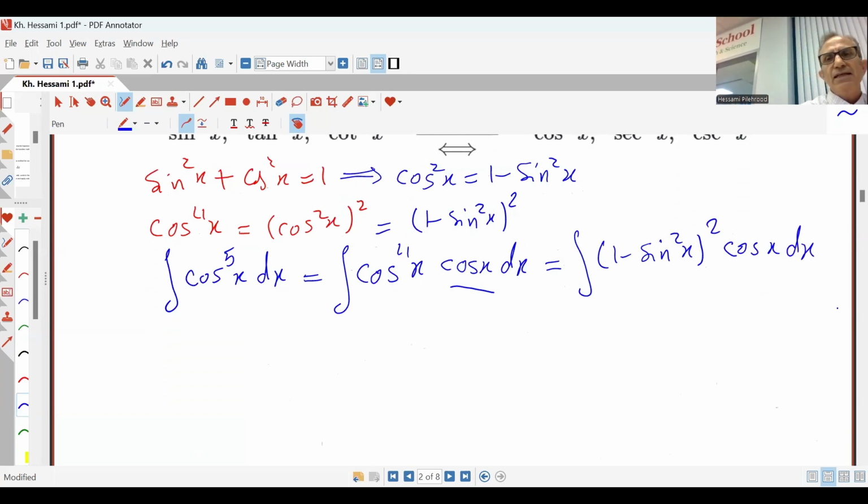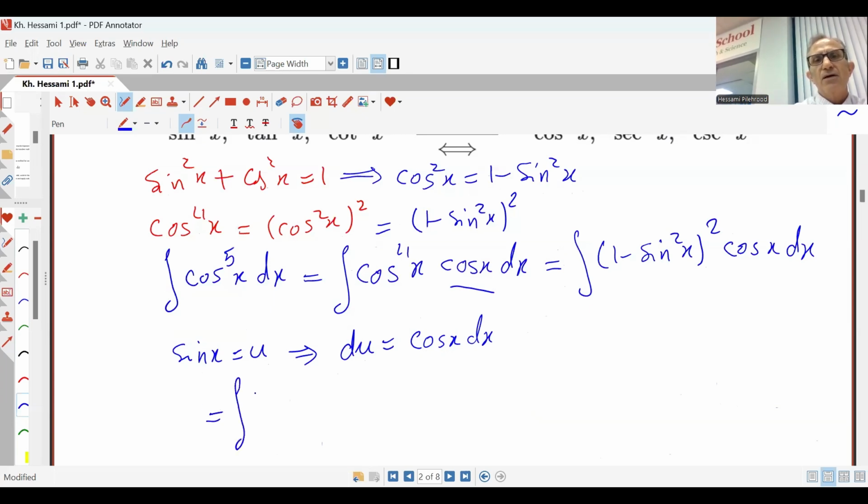Now, we take sine x as u. If we take sine x as u in the substitution, we take du equal to cosine x dx, because the derivative of sine x is cosine x. So our integral becomes the integral of 1 minus u squared, squared, du. Now we can raise it to the power of 2.